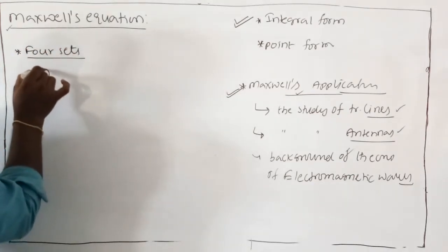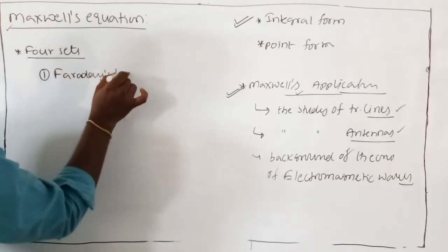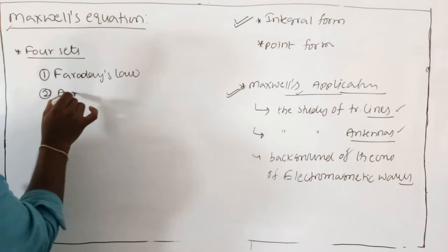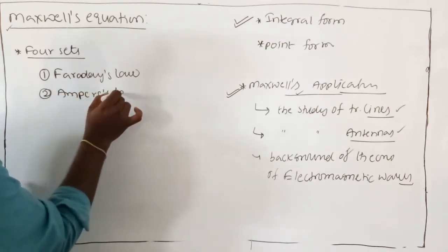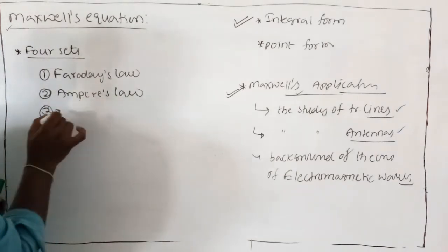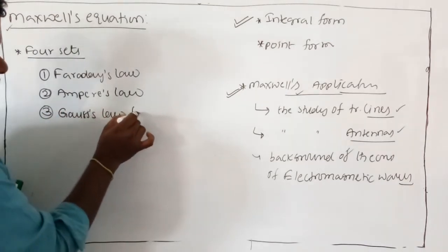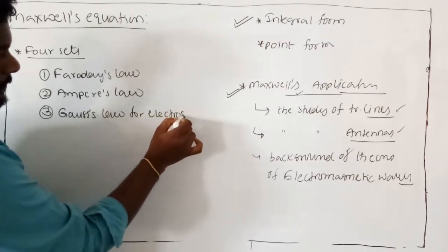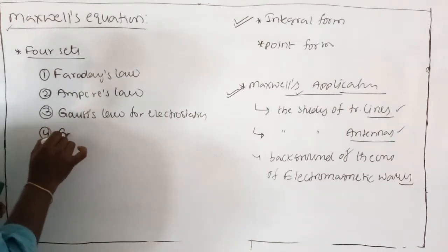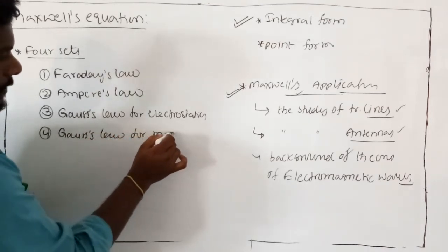Maxwell's equation derived from Faraday's law, Maxwell's equation derived from Ampere's law, Maxwell's equation derived from Gauss law for electrostatics, and Maxwell's equation derived from Gauss law for magnetostatics.